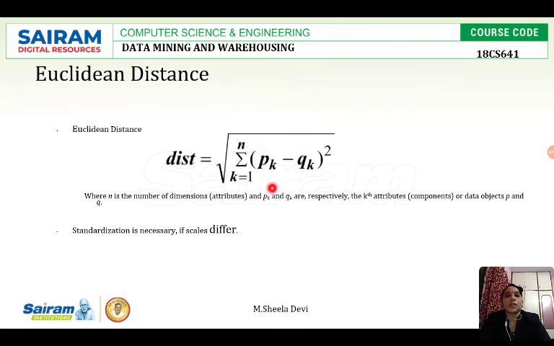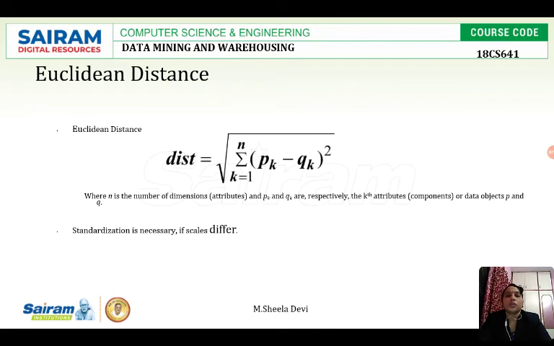So what is this P here? P is nothing but the value of the data objects, and k is nothing but the kth attribute. So if we have two attributes called x and y, then x is the first attribute and y is the second attribute.